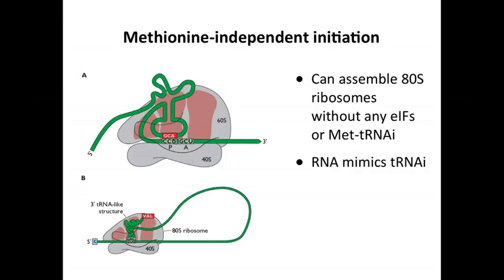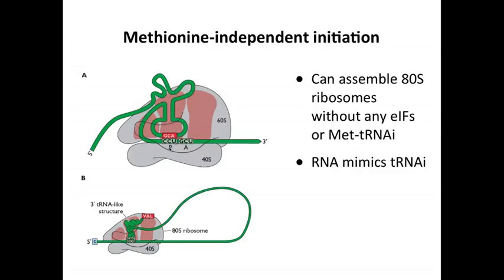And it initiates translation without a methionine. And how it does so is shown here. The IRES of the viral RNA, shown in green here, folds to mimic an initiator methionine tRNA. You can see this RNA is folding back on itself. It's base pairing with itself as if it were a tRNA, and it's sitting in the P site of the ribosome.